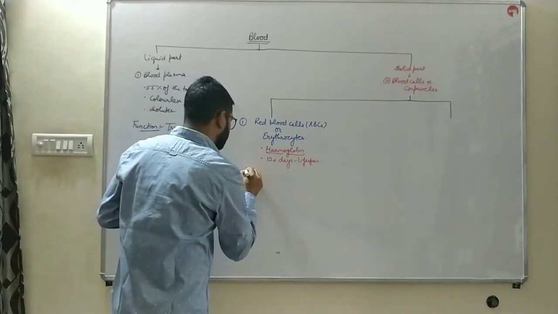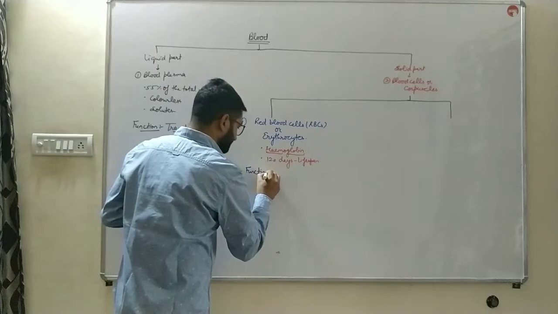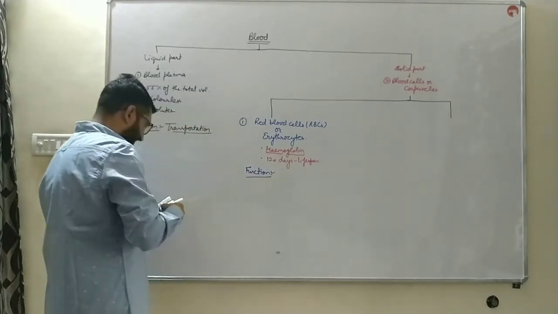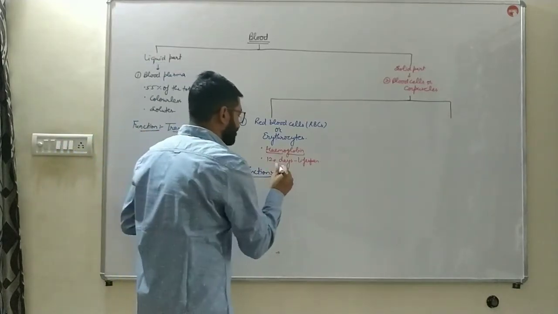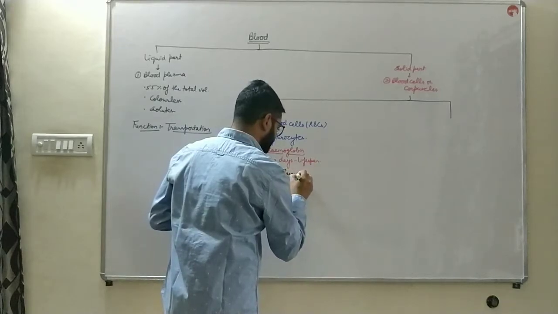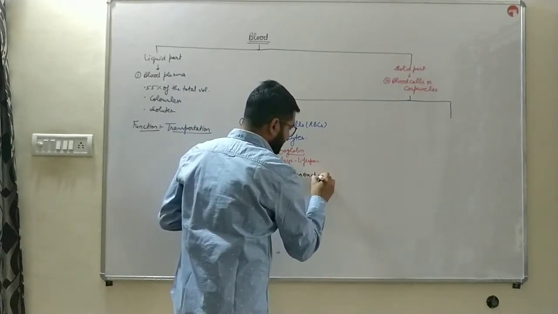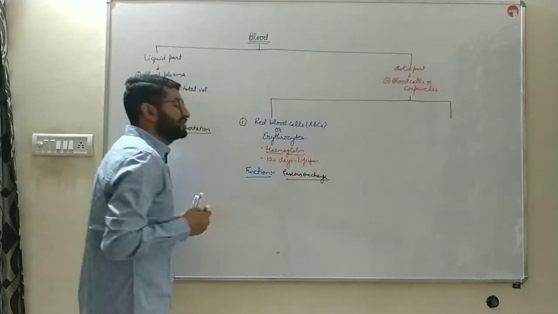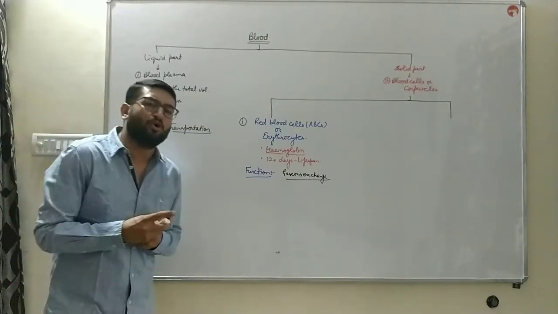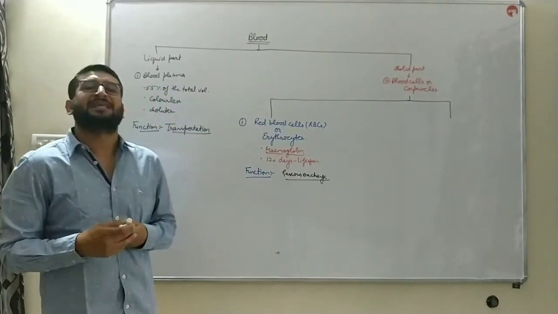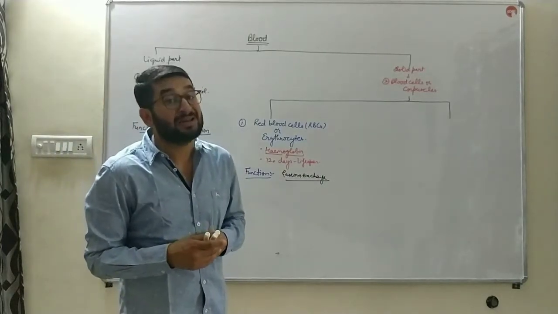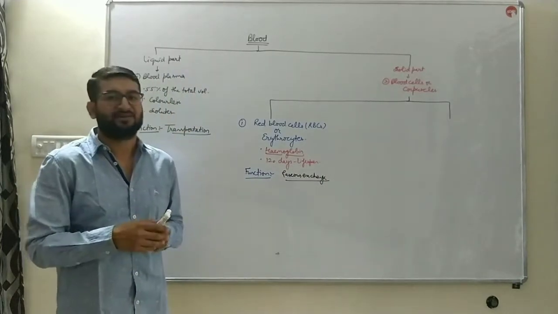What is the function of RBCs? They help in the gaseous exchange. So the second function of blood is exchange of gases. Hemoglobin has an ability to attach with oxygen more rapidly as compared to carbon dioxide.